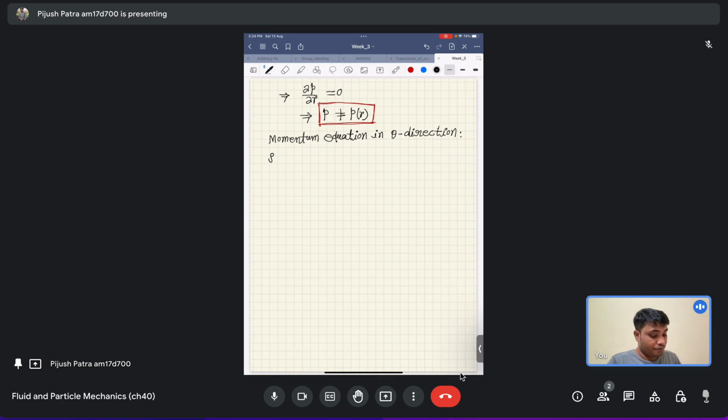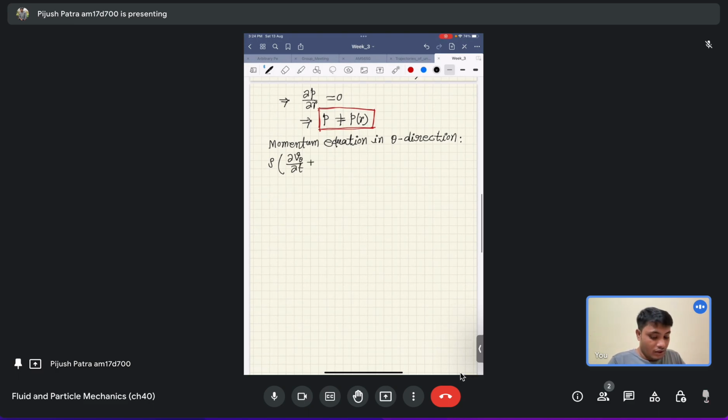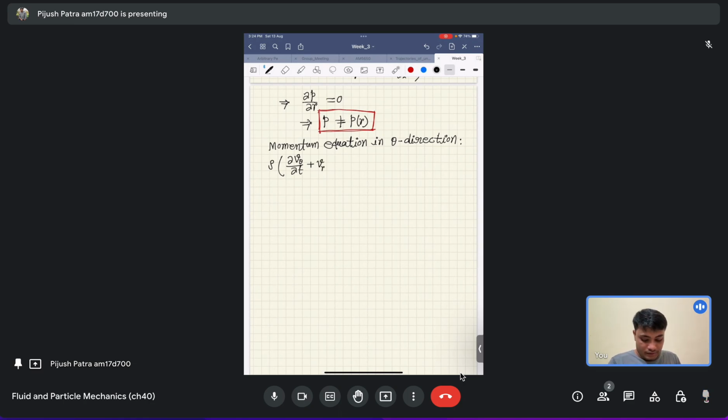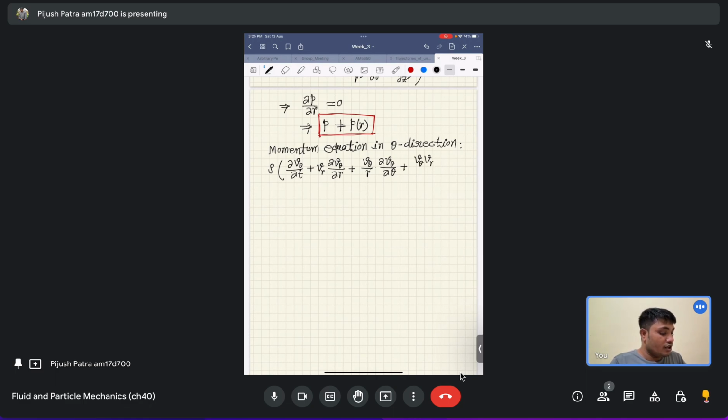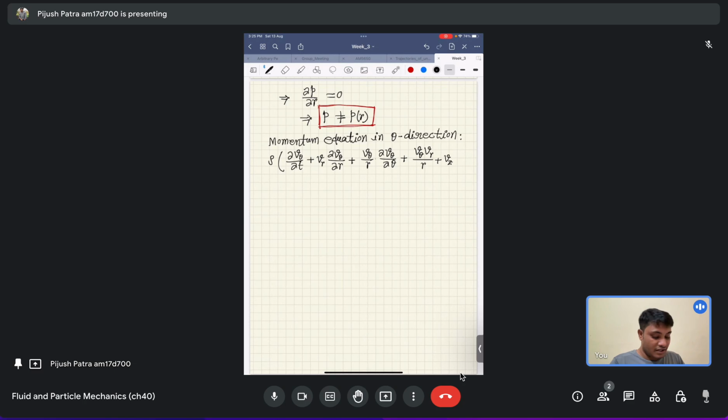So I have rho times dou v theta by dou t plus Vr dou v theta by dou r plus v theta by r into dou v theta by dou theta plus v theta Vr by r plus Vz dou v theta by dou z.